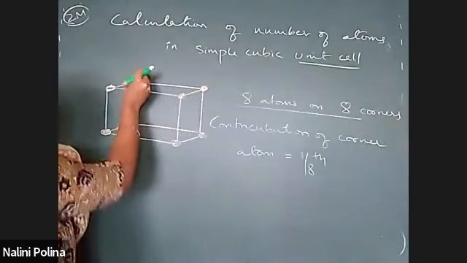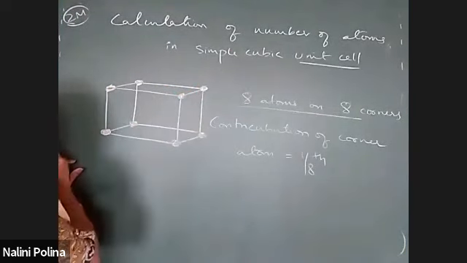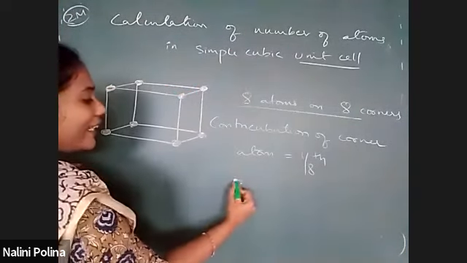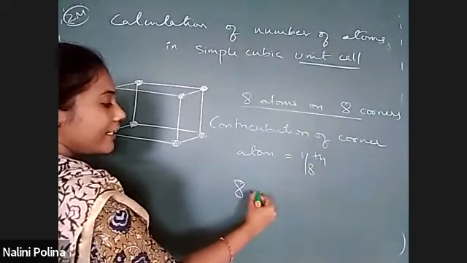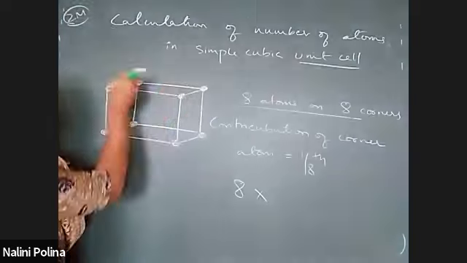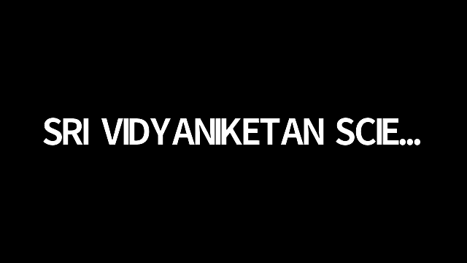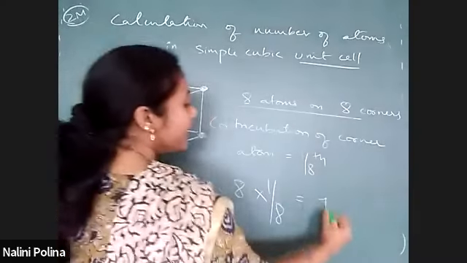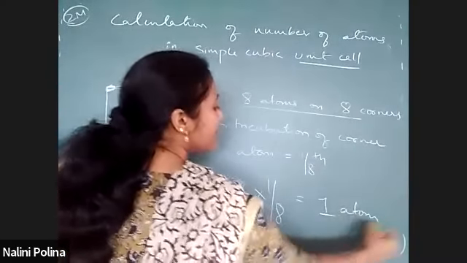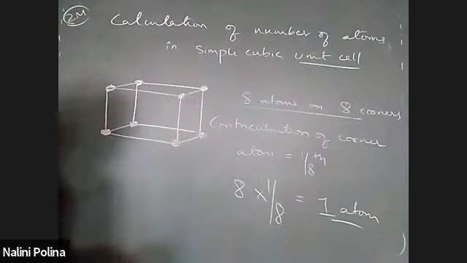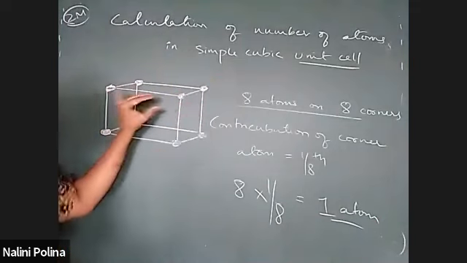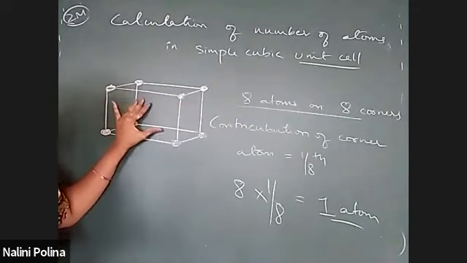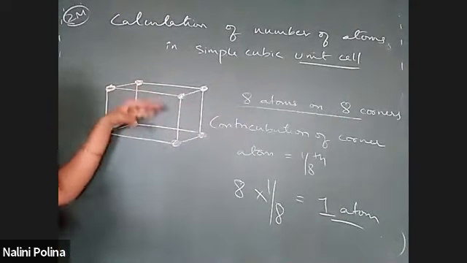Only 1/8 of every atom belongs to this unit cell. So we have 8 corners, into how much amount of each atom belongs to this unit cell? 1/8. So you will get just 1 atom. It seems that there are 8 atoms at the corners, but all 8 atoms completely don't belong to this unit cell. You can't say the number of atoms in the unit cell is 8.